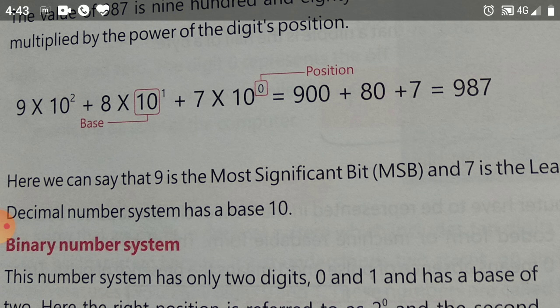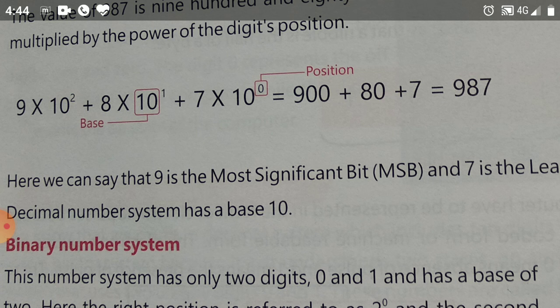When we calculate this actual value, we multiply the first digit at the unit place by 10 raised to 0, then the digit at the tens place by 10 raised to 1, and the hundreds place by 10 raised to 2, and like that you carry forward.